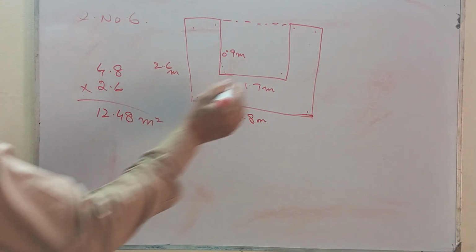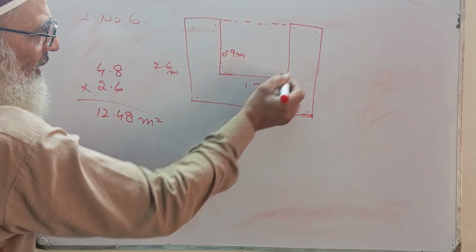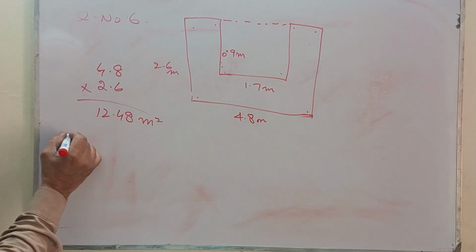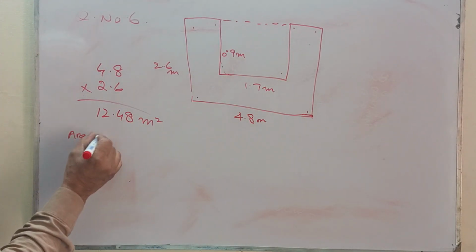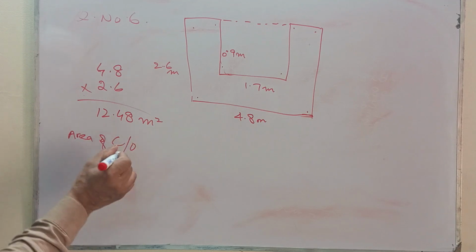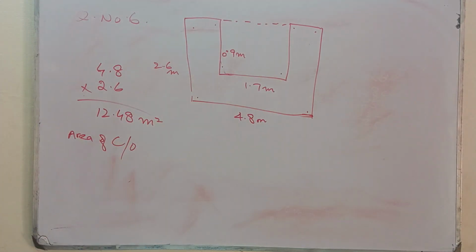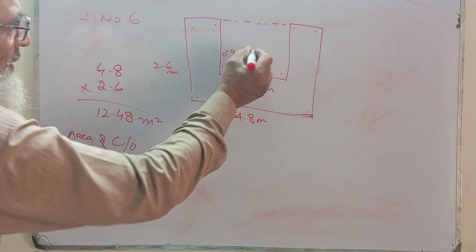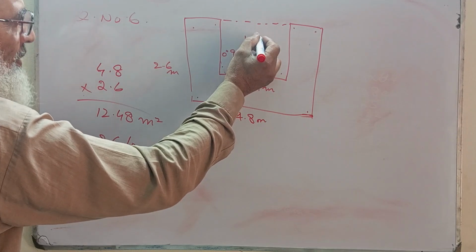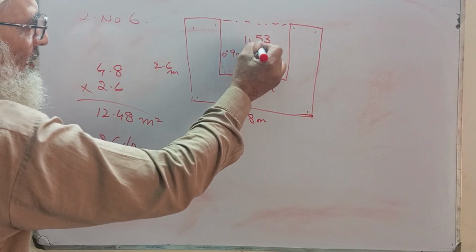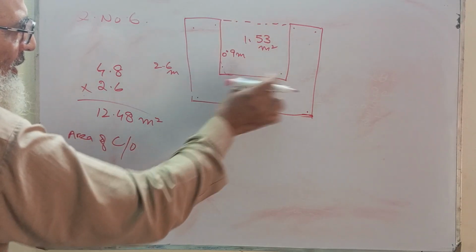Now the area of only the cutout piece: 0.9 multiplied by 1.7. Now this is 1.53 meters square.